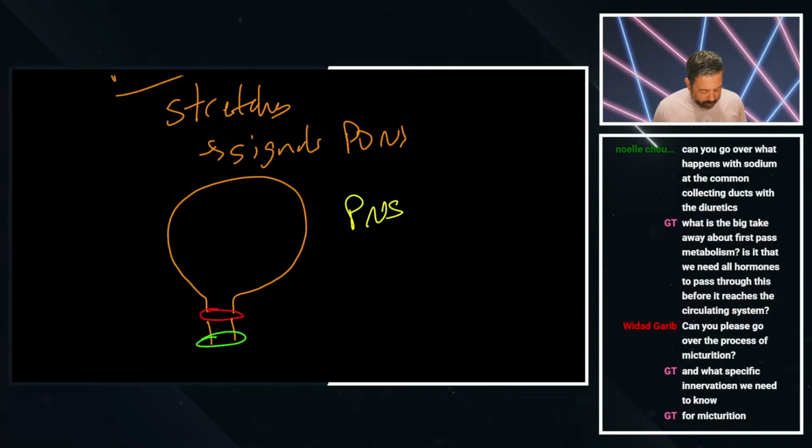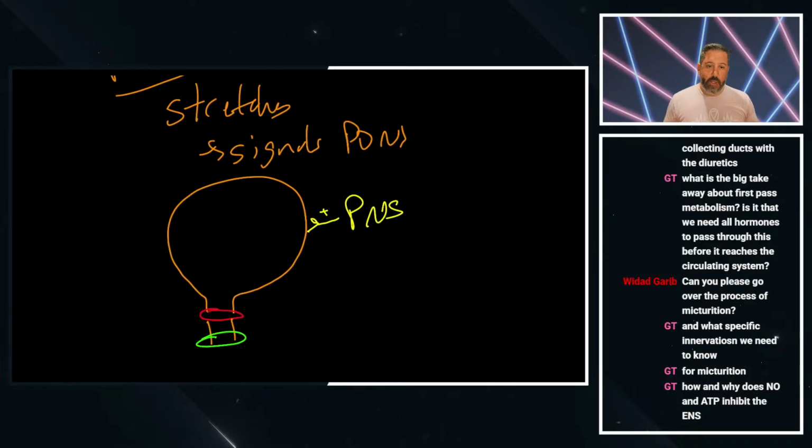Parasympathetic nervous system is going to affect the bladder itself. That's called the detrusor muscle. It's going to stimulate it. So the detrusor muscle squeezes when you have to go to the bathroom. So the parasympathetic system is involved with that.